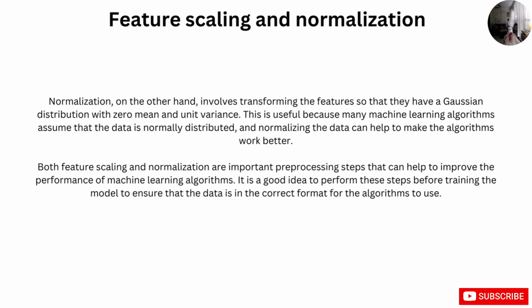Both feature scaling and normalization are important pre-processing steps that can help to improve the performance of machine learning algorithms. It is a good idea to perform these steps before training the model to ensure that the data is in the correct format for algorithms to use.